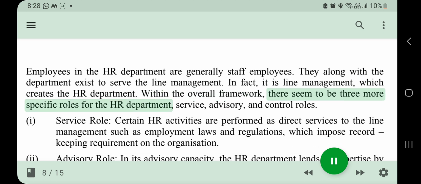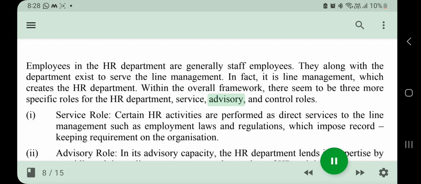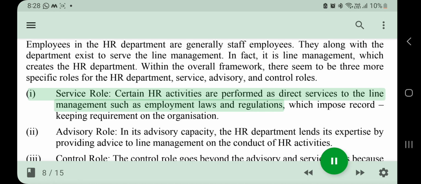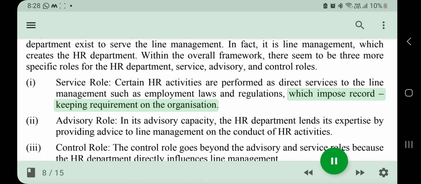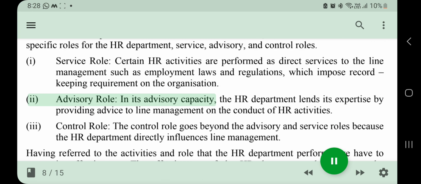Within the overall framework, there seem to be three more specific roles for the HR department: service, advisory, and control roles. One, service role. Certain HR activities are performed as direct services to the line management, such as employment laws and regulations, which impose record-keeping requirements on the organization. Two, advisory role.